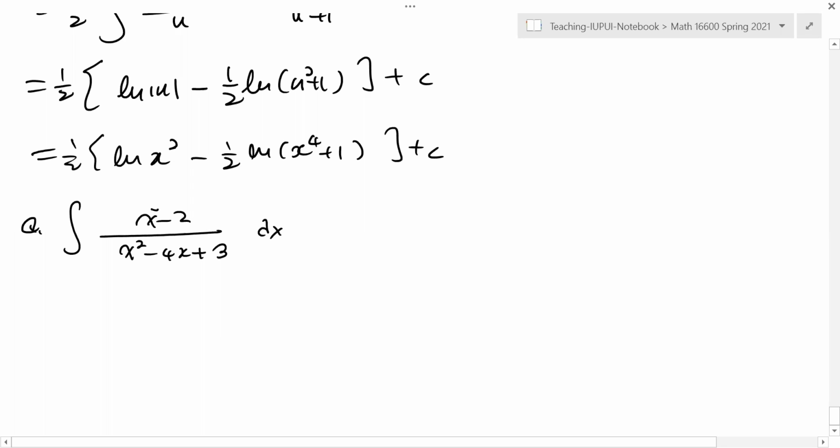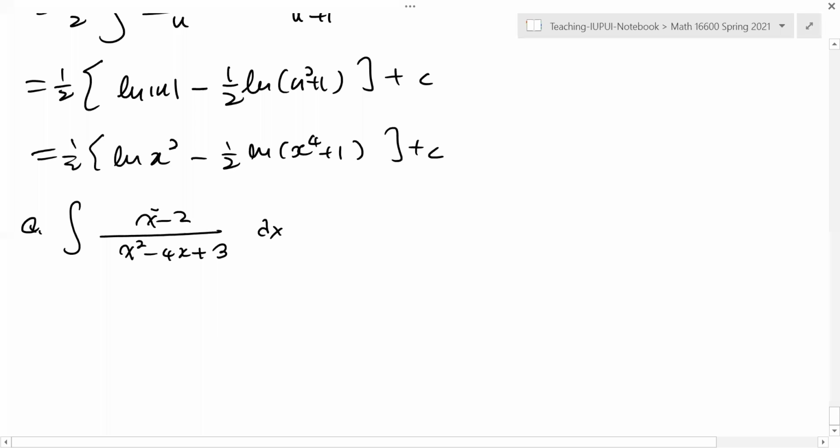This is just a typical rational function. I hope you can figure out how to do it. Okay. The degree of the numerator is smaller than the degree of the denominator, so you don't need to divide the numerator by the denominator to reduce the power.